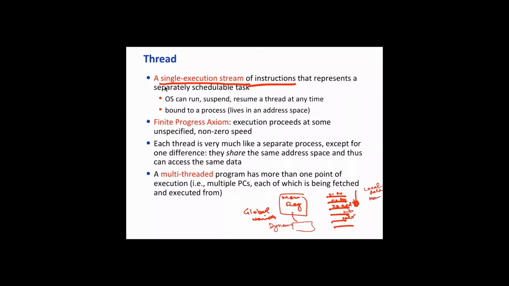Now, the thread is operating on some data. For example, when you're doing matrix multiplication, the data given to you is the values of the elements in the matrix. So my first thread is operating on certain data values of the matrix.